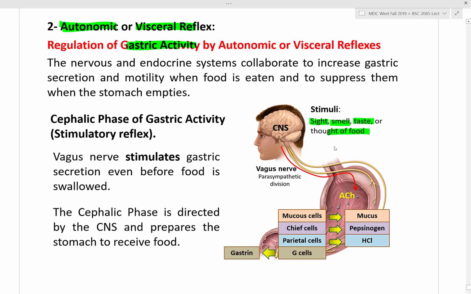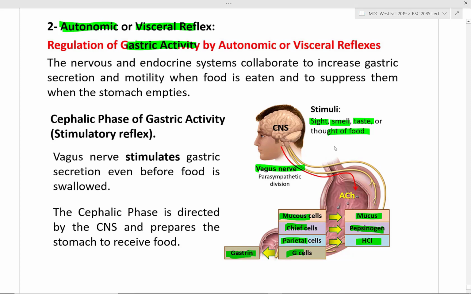That stimulation through your vagus nerve is going to stimulate cells within your stomach: mucus cells, chief cells, parietal cells, and G cells. Mucus cells produce mucus, chief cells produce pepsinogen, parietal cells make a stronger acid, hydrochloric acid, and G cells produce gastrin.